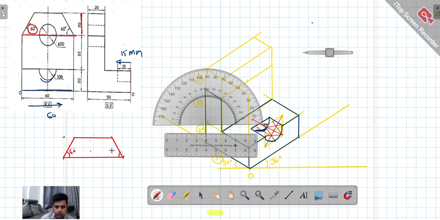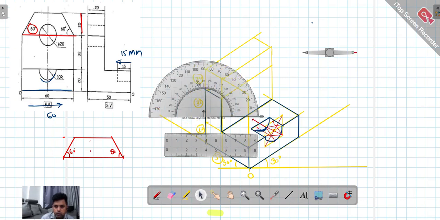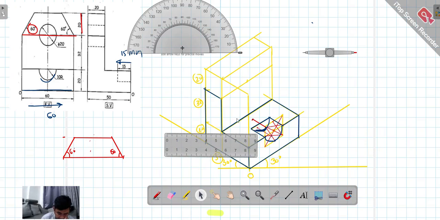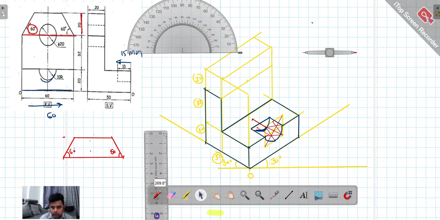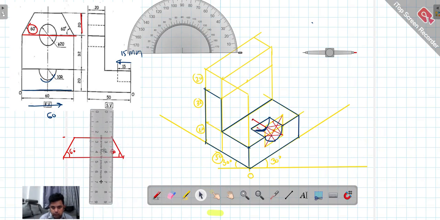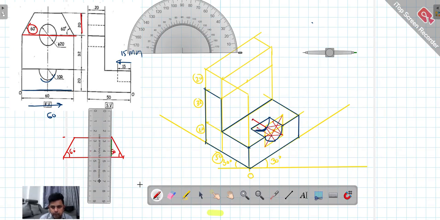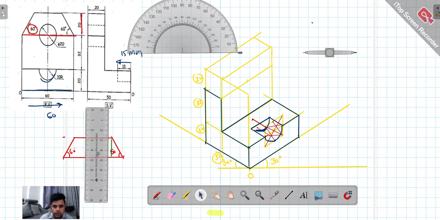60, this is 60. Now what I will do, see here, what is your duty: draw a vertically downward line from this point, then similarly from this point to draw.